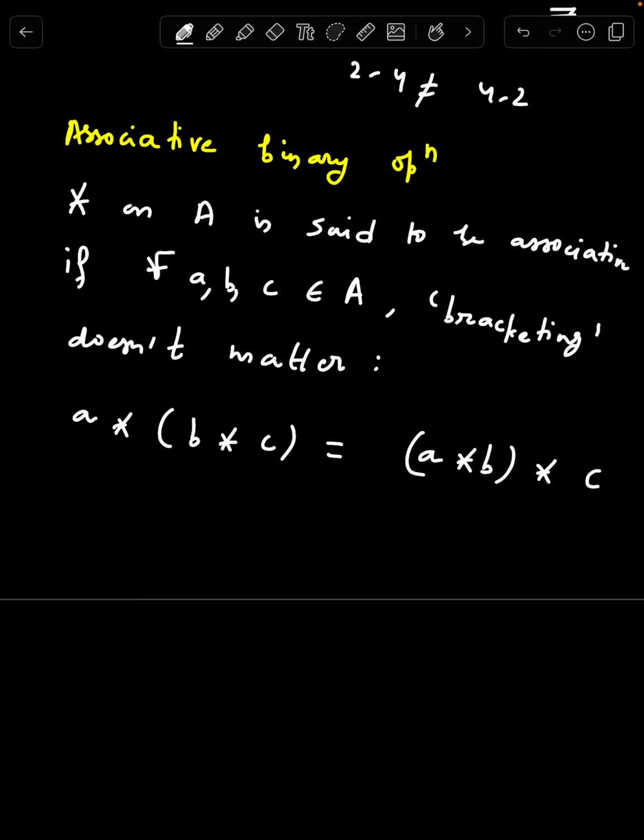That is what associativity property means. So a binary operation is said to be associative if this condition is satisfied.